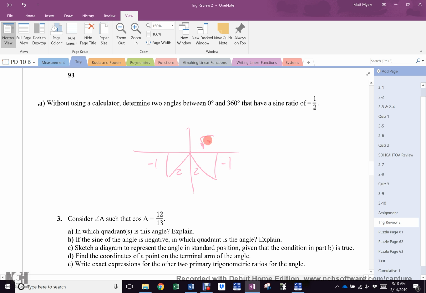This is the square root of 3. So the two angles that have that are, without a calculator, it's really hard to do, but some of you hopefully figured it out. It was 330 and 210, because these have to be 30.